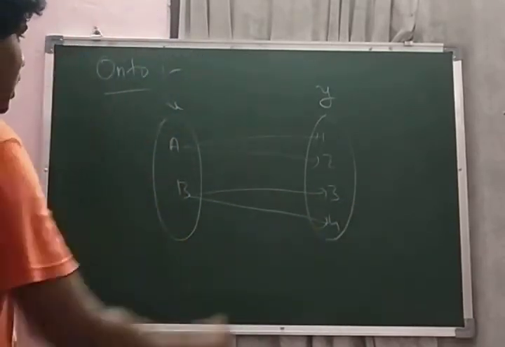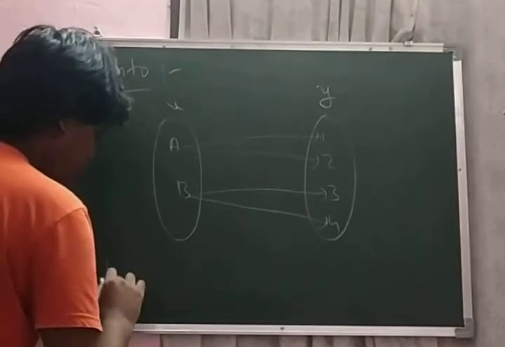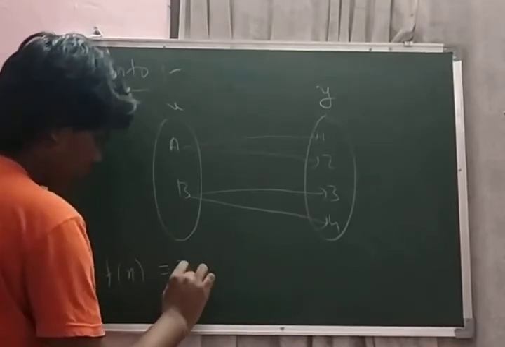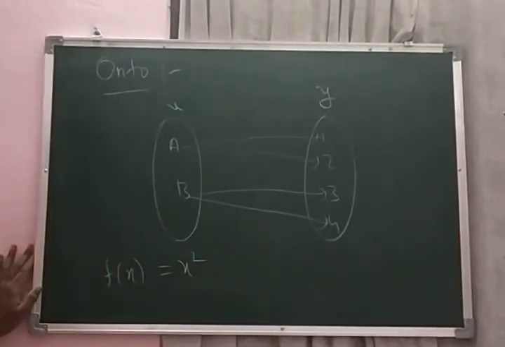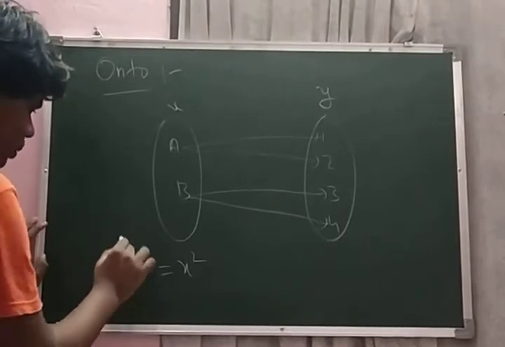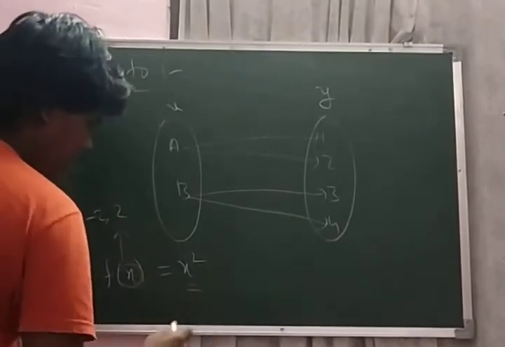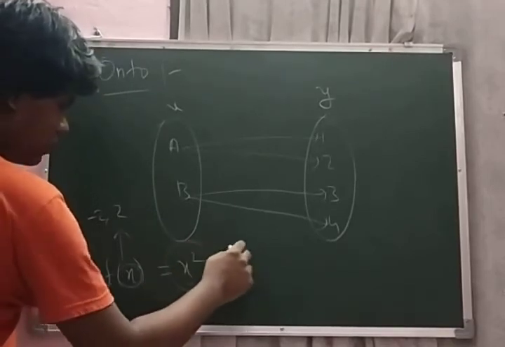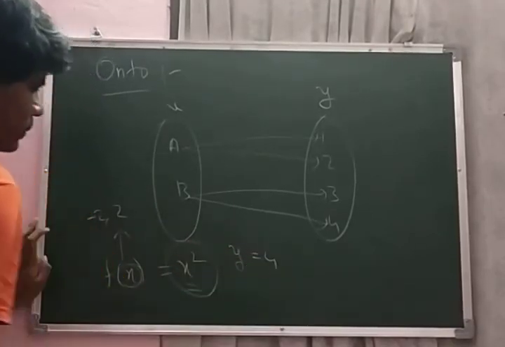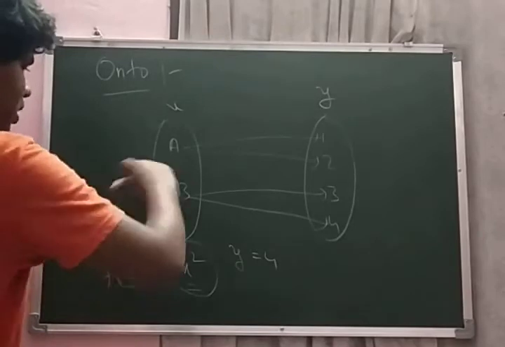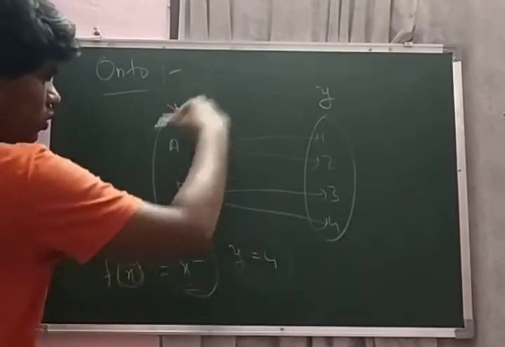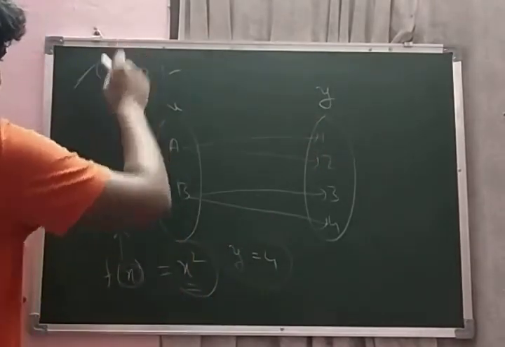So this is called an onto function. An example for this is f of x is equal to x squared. Why? Because here in the domain, if you take for example minus 2 comma 2, there exists a y value equal to 4. So for two values in the domain, there exists a unique value in the codomain, then it is called an onto function.